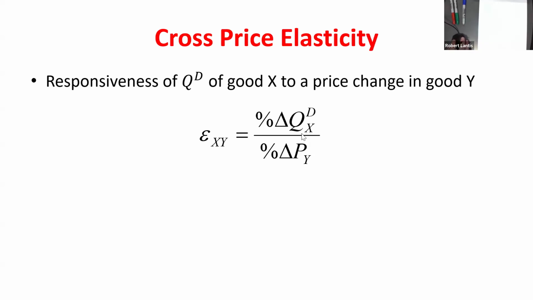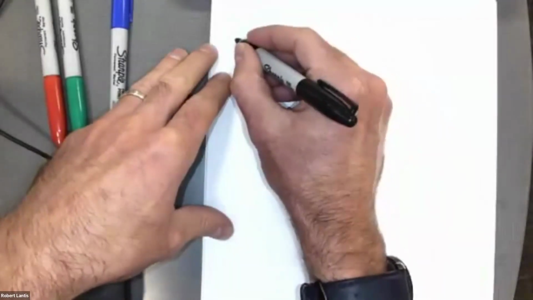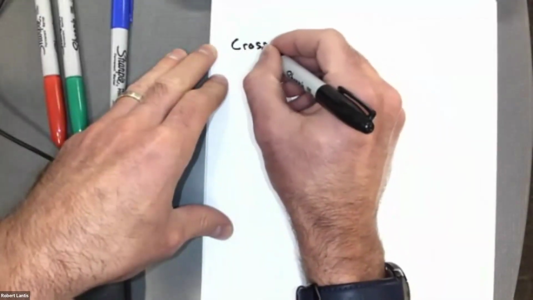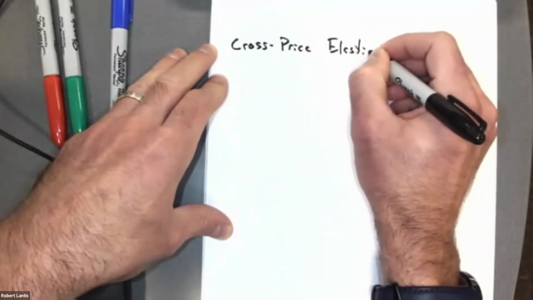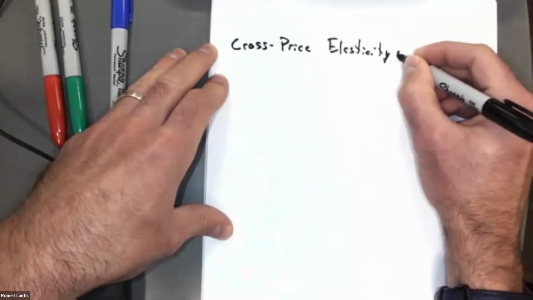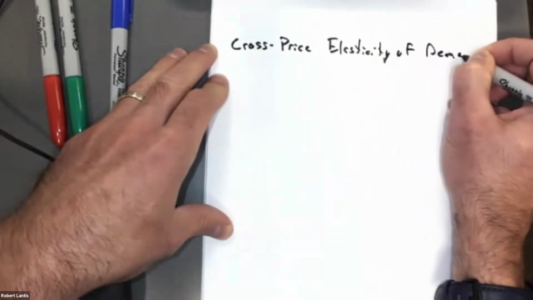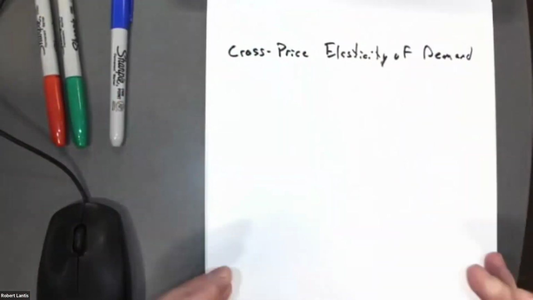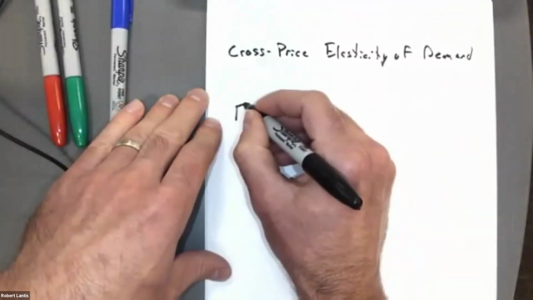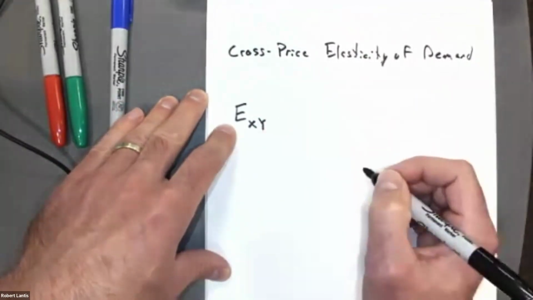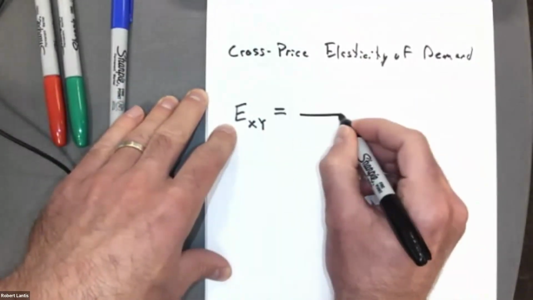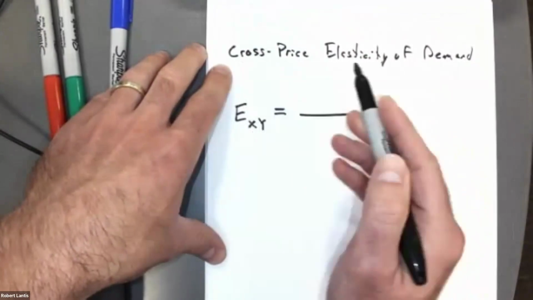So if I had this cross price elasticity of demand, what's the initial thing changing? Remember, when we talked about the elasticity of demand, here we're looking at the elasticity between two goods. What's the initial thing that's changing?